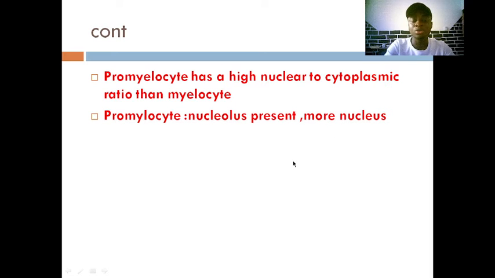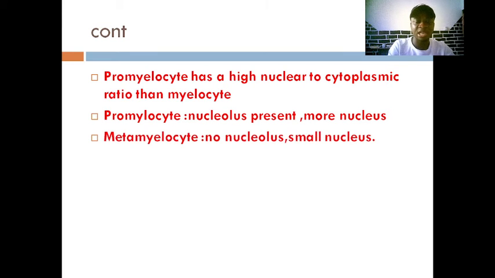If you compare promyelocyte to myelocyte, you see that the nucleus is large and the cytoplasm is small, and sometimes there are nucleoli present, unlike the myelocyte, where the nucleus is also high, but not as high as in the promyelocyte. That's why we say that the promyelocyte has a high nuclear to cytoplasmic ratio. Very important.